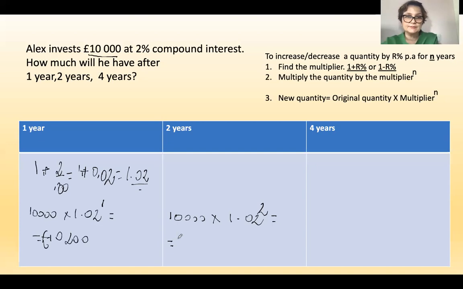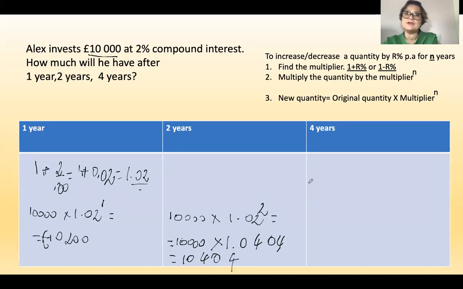We do the power, the indices, first, if you follow BODMAS, BIDMAS. So 1.02 to the power of 2 is going to be 1.0404. And the total answer is going to be £10,404.